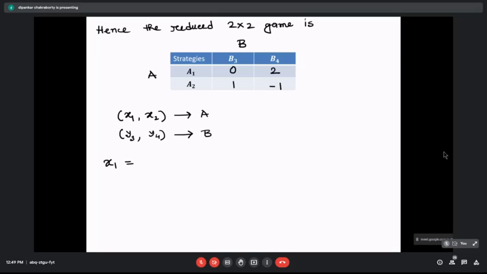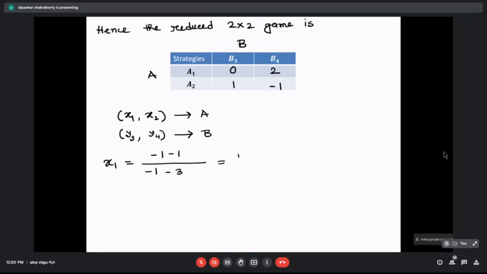Remember that for x1, first ignore that row, and then the principal diagonal element is what? -1, that is -2, divided by the sum of the principal diagonal minus the sum of the other diagonal, that is -3. What is that?